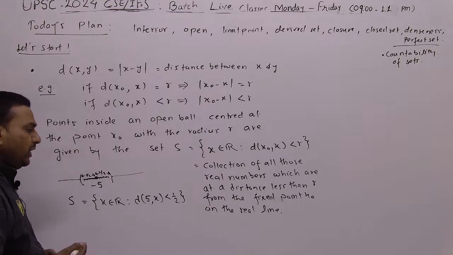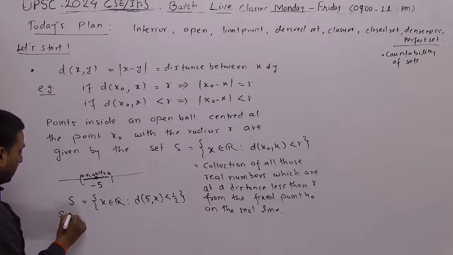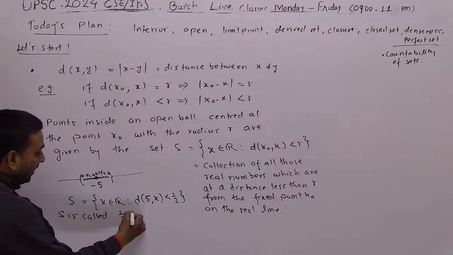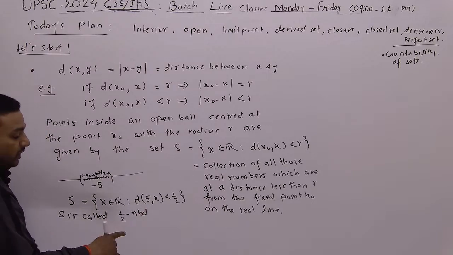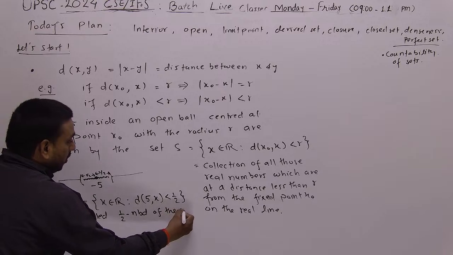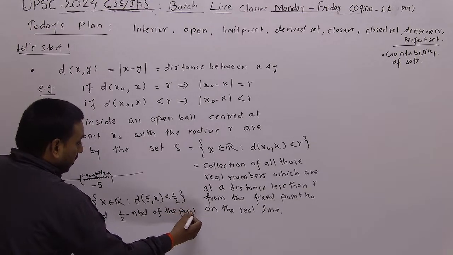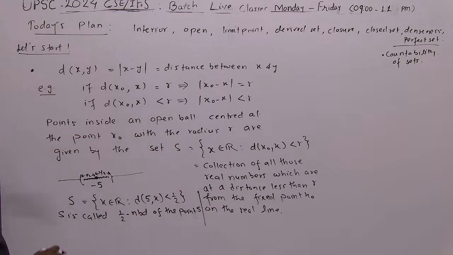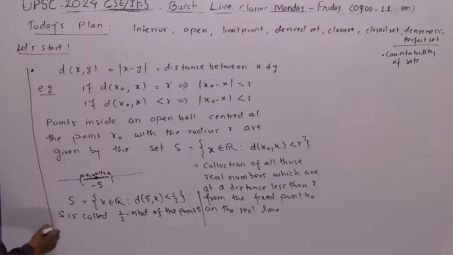This S is called the 1 by 2 neighborhood, NBD in short, of the point 5. So I had a quick recap of the previous lecture.